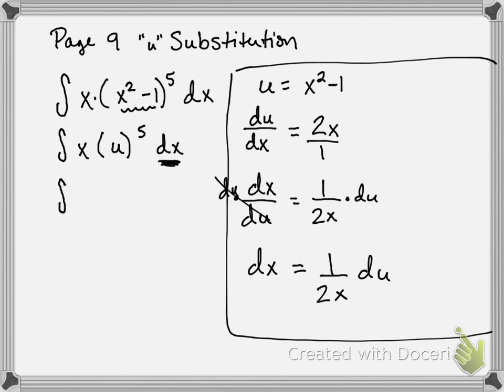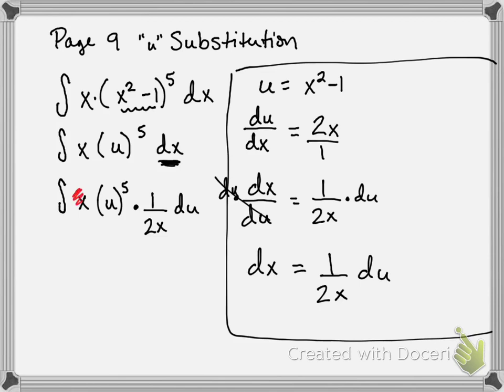So over here in our integral, u to the 5th times 1 over 2x du. Now look what happens with your two x's. Do you see how you have an x in the top and an x in the bottom that will cancel each other out?